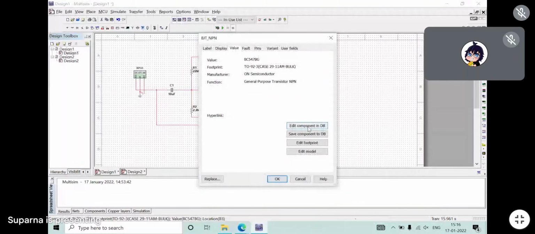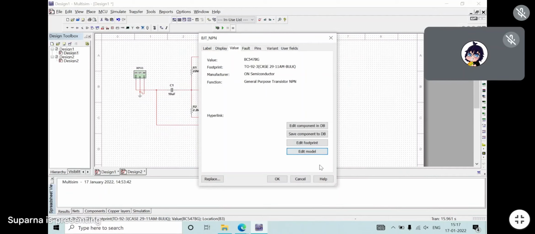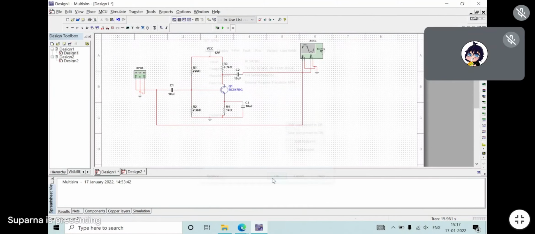There is written ideal maximum forward beta. Click on that. Change the value. Make it 300. Yes, ma'am. Okay, then close it. Now run it.